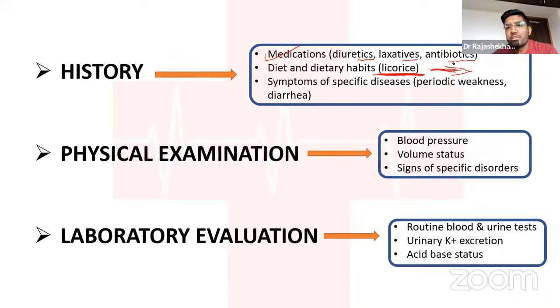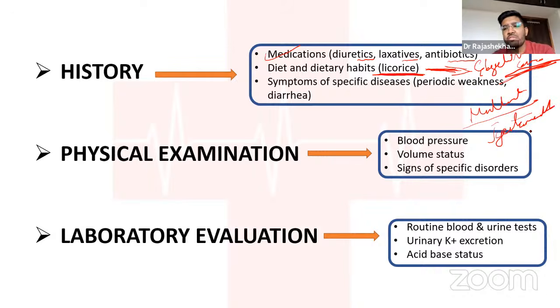Licorice root is consumed as a powder in many of the Ayurvedic practices. So this licorice contains one compound called glycyrrhizic acid. In Hindi it is called mulethi, and in Kannada and Sanskrit it is called Jyeshtha Madhu.